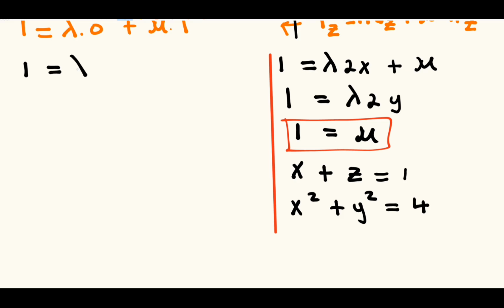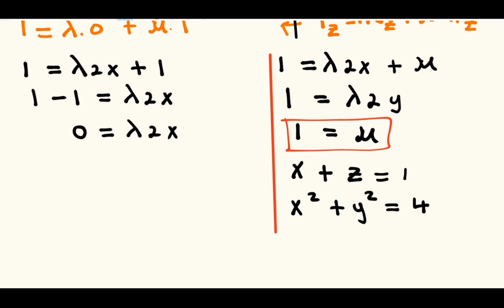So we have 1 will be equal to lambda multiplied by 2x plus 1. We take the 1 from the right to the left. 1 minus 1 will be equal to lambda multiplied by 2x. 0 is equal to lambda multiplied by 2x. For 0 to be equal to lambda multiplied by 2x, either lambda is equal to 0 or x is equal to 0.